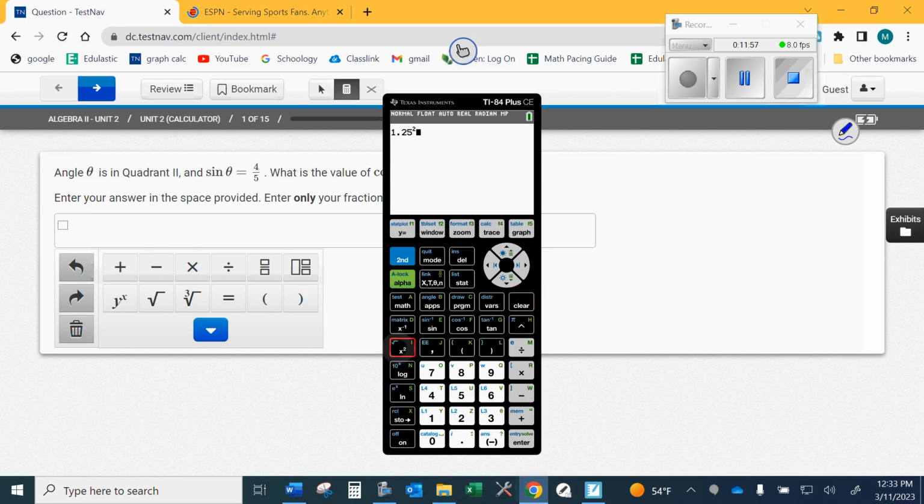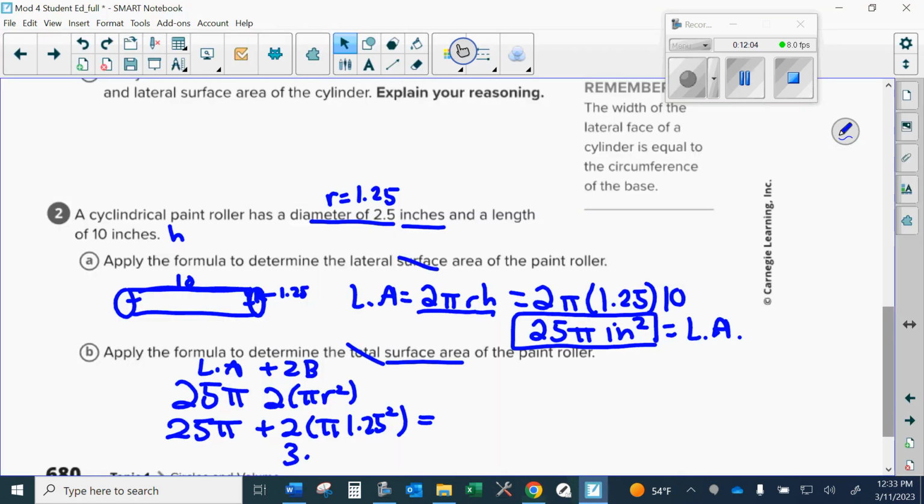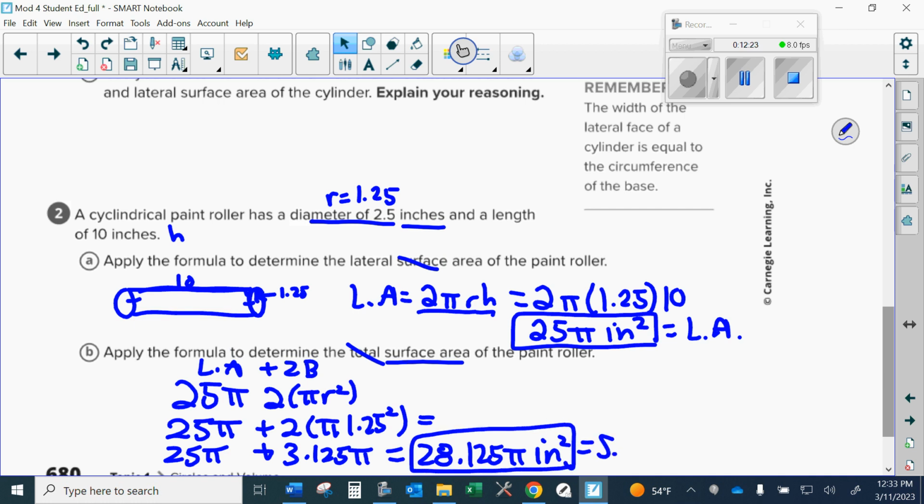That's 3.125 pi. 3.125 pi plus the 25 pi. And since they're both in pi, I can put those together to get 28.125 pi. And then the units are square inches. So there's the surface area. We added on the 2 bases now.